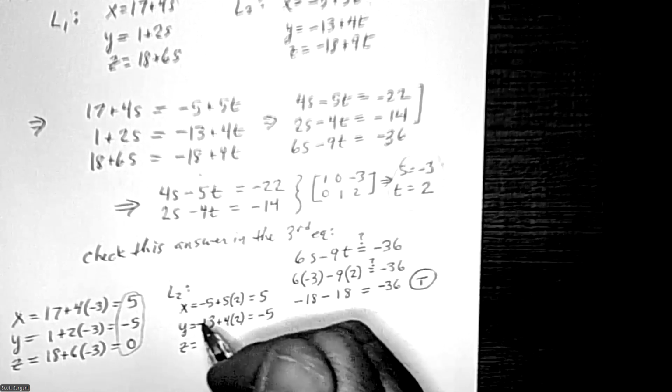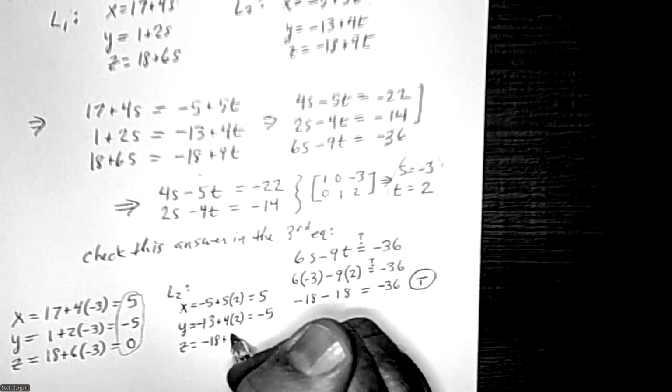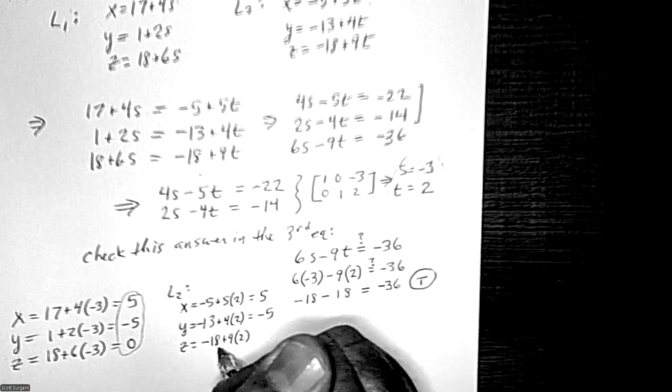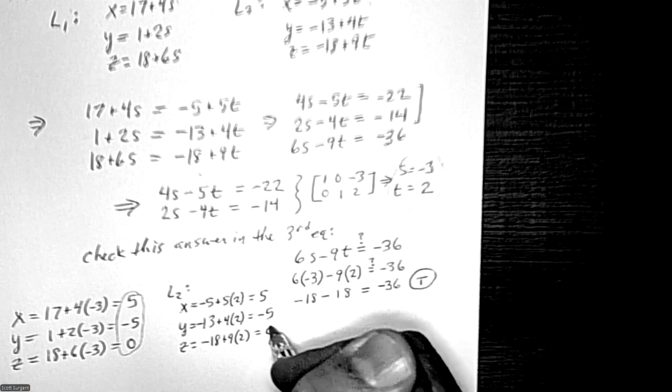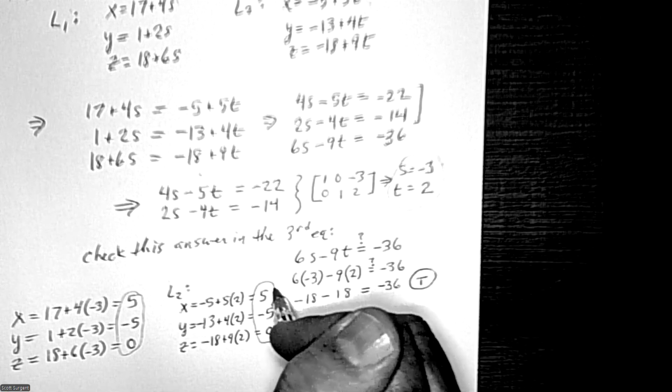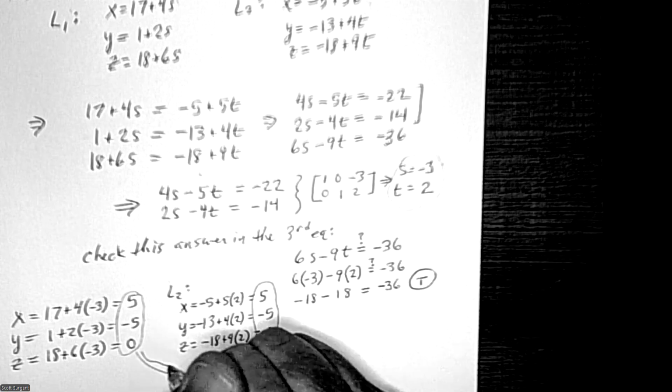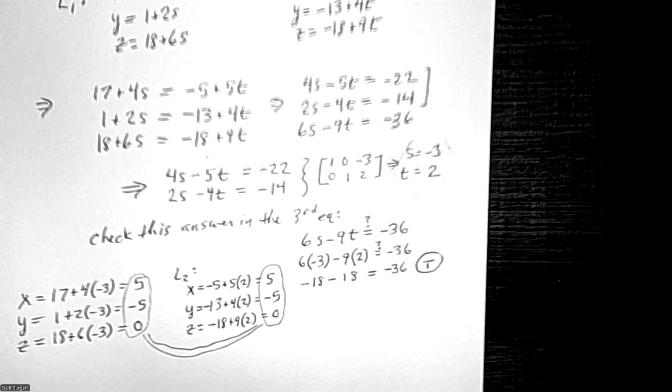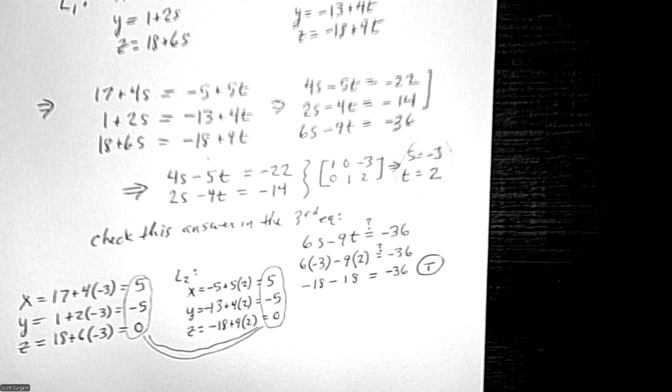And z is equal to -18 plus 9 times 2, which is -18 plus 18, which is 0. And sure enough, we get the same answer. And there you go. So there's a lot of math going on here.